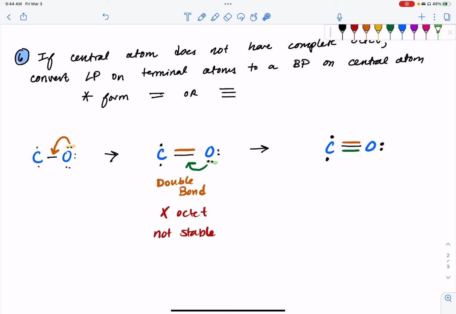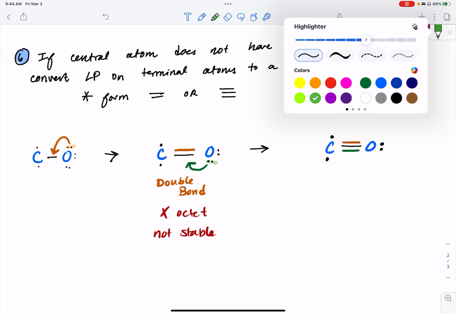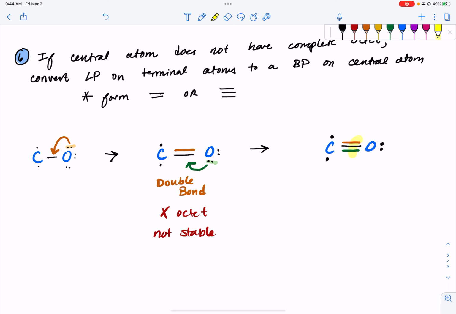So now let's check our octets. So on oxygen, so I've got 2, 4, 6 bonding pairs shared in my triple bond with carbon. So 2, 4, 6, and then the lone pairs make 8. Again, when we are converting from lone pairs into bonding pairs, we are not changing the octet of our outermost atom.